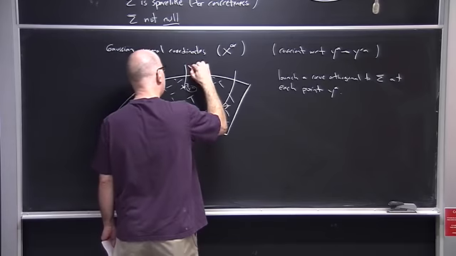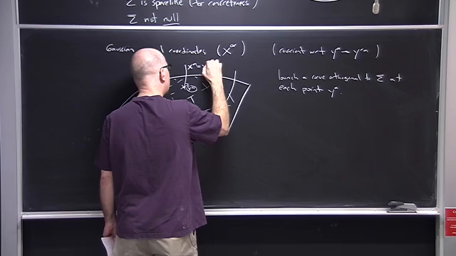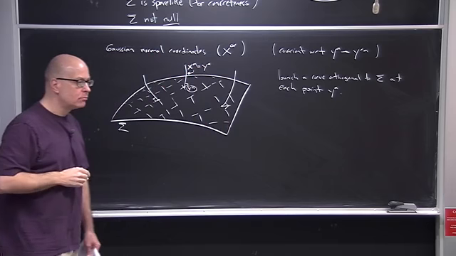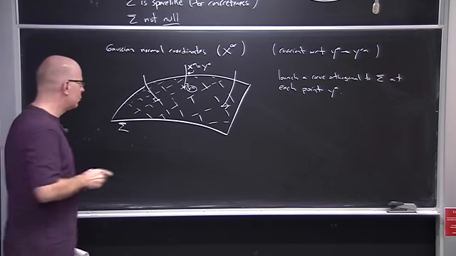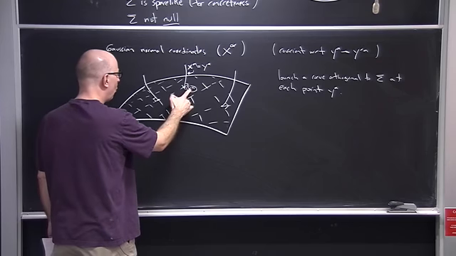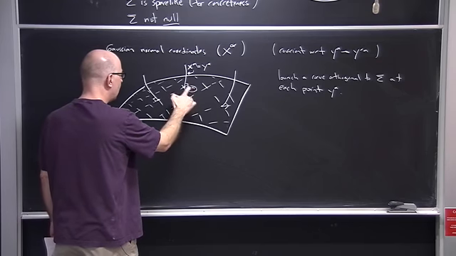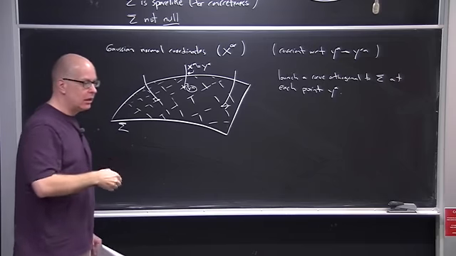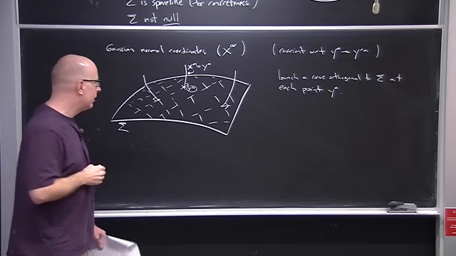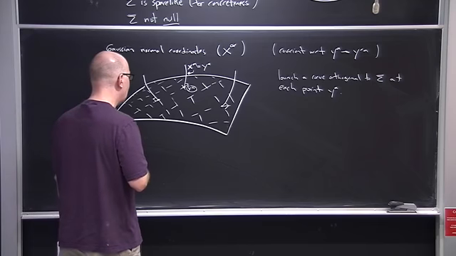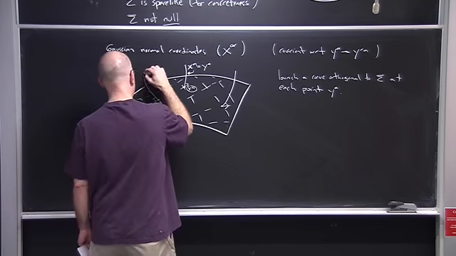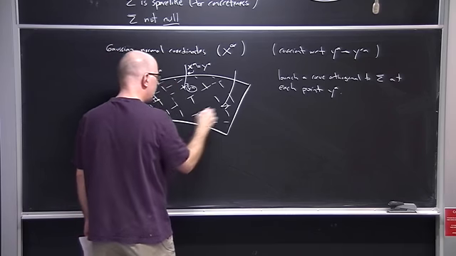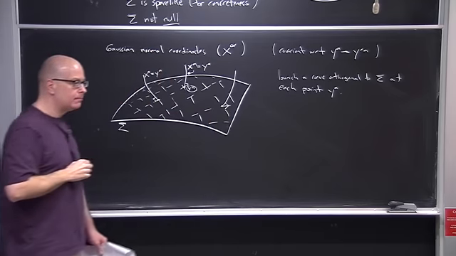So the coordinates y^A in the bulk spacetime are designed so that they all stay constant as I move up on the curve. If this was the curve 1, 2, 3, y1 equals 1, y2 equals 2, and so on, then at every point above and below, it's still going to be the curve 1, 2, 3. And same thing over here. So this is the curve x^A equals y^A, corresponding to the values here and the values there, and so on.